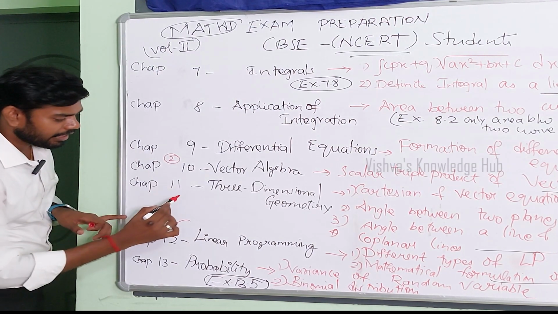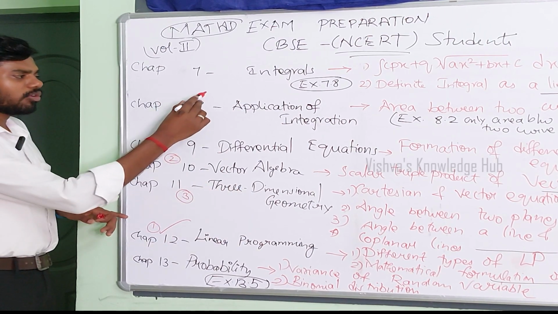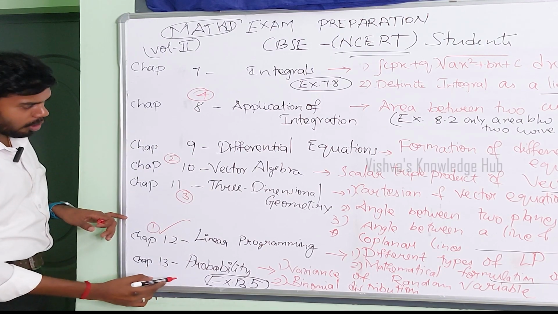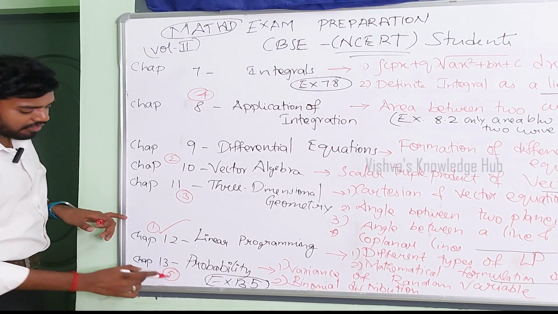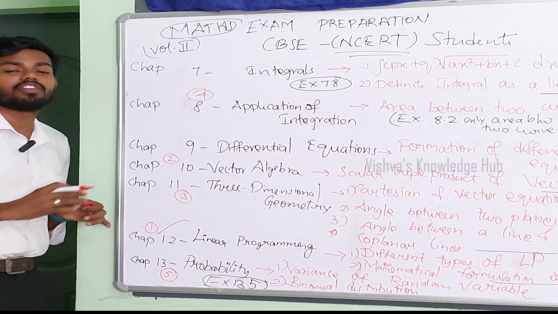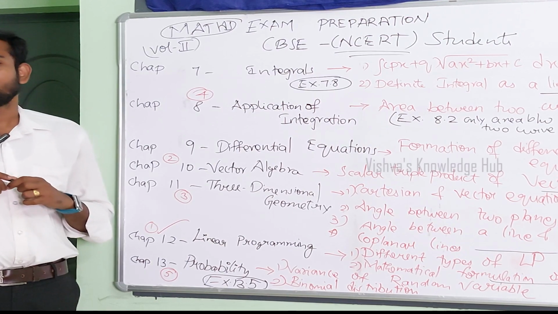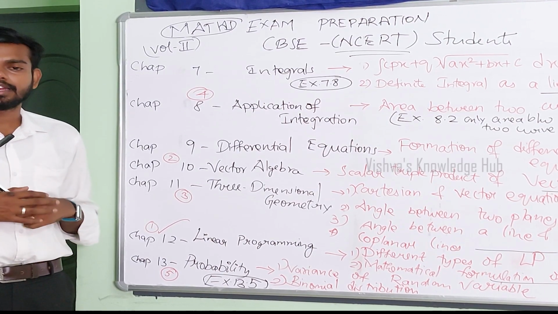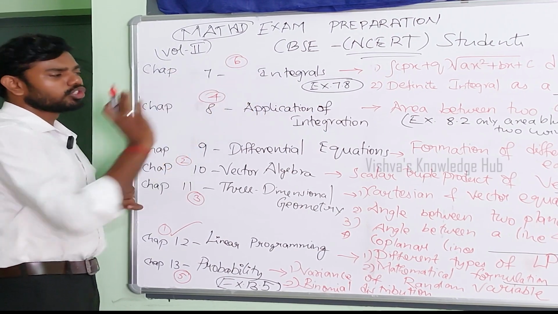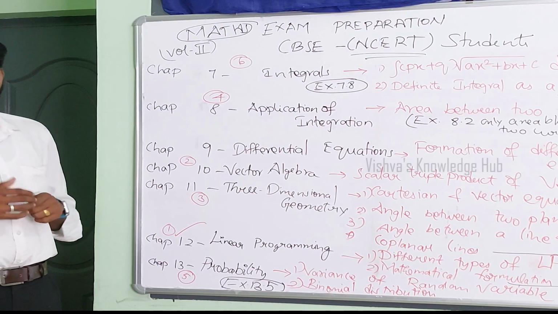The third chapter to learn is 3D geometry, the fourth is application of integration, and last you can have probability. After probability, you can move to integrals, because many have doubts and don't get a clear explanation there, and I'll explain while teaching integrals. Always keep integrals as the last part, so that it will be easy for you to understand and do sums better in future.